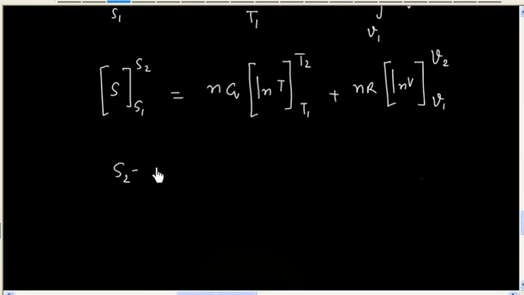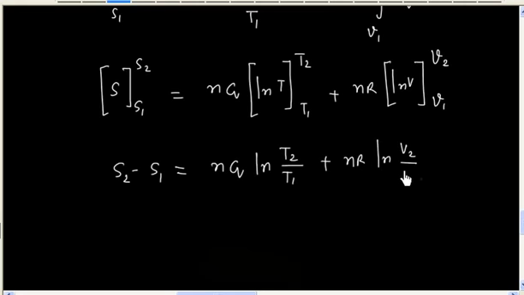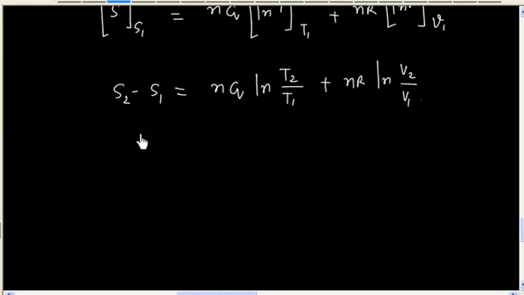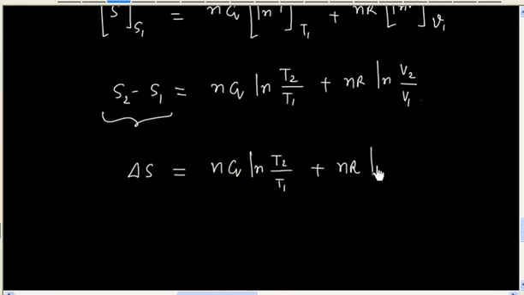So we have S2 minus S1 is equal to nCv ln T2 by T1 plus nR ln V2 by V1. So delta S, the total change in entropy, is nCv ln T2 by T1 plus nR ln V2 by V1.